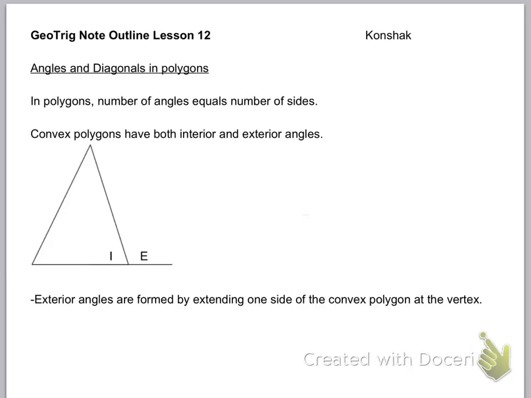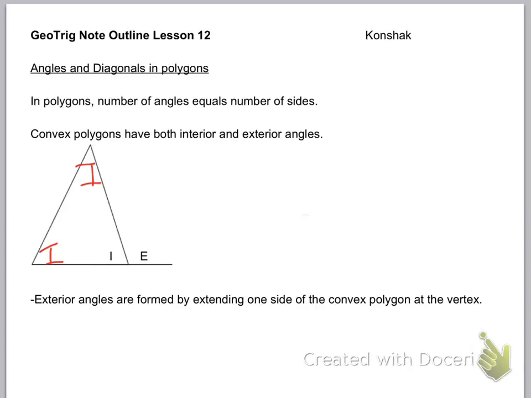If you're looking at the triangle there, I have 3 interior angles, all at inside points, right? But then you would say, hey, there's also exterior. That means the angle on the outside.